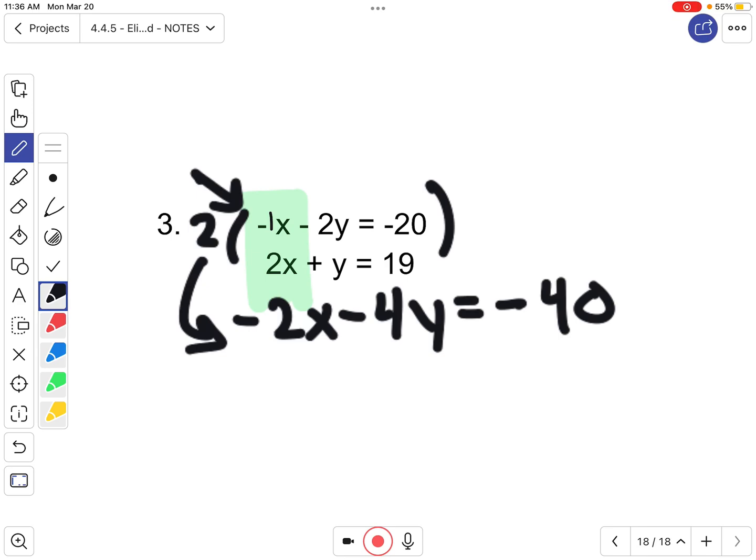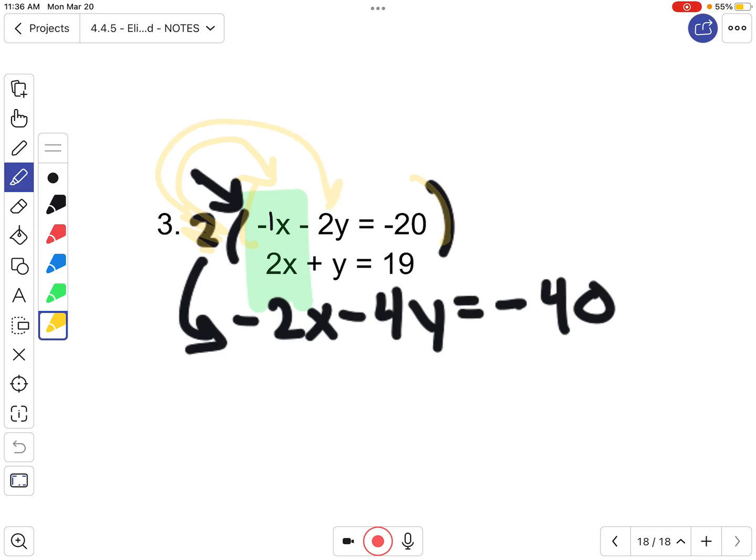Well, I like that I've already got a negative and a positive, but they're not the same number. So what I did is I took this whole equation, multiplied it by 2. That's our distributive property. 2 times negative 1x is negative 2x. 2 times negative 2y is negative 4y. 2 times negative 20 is negative 40.